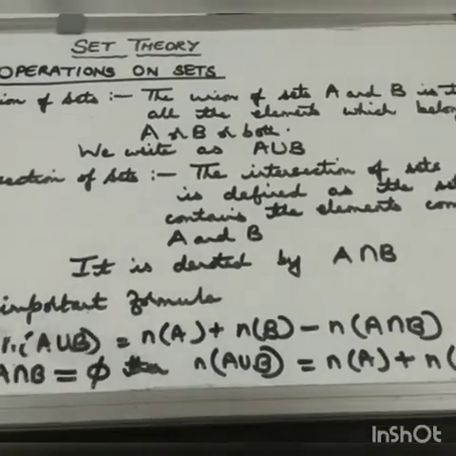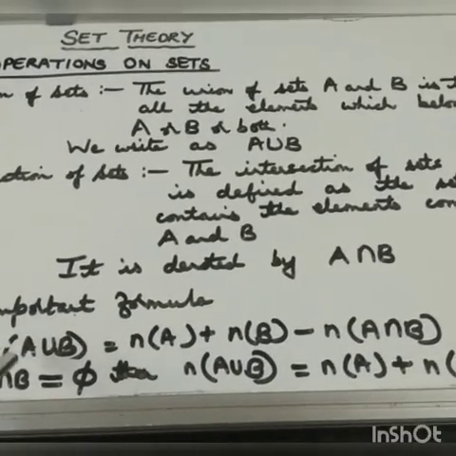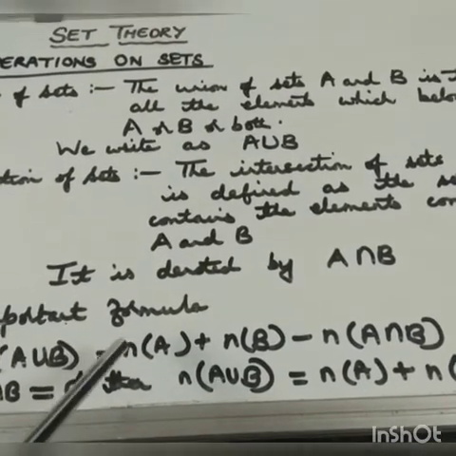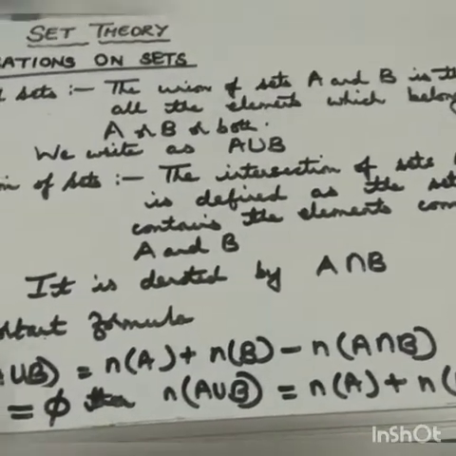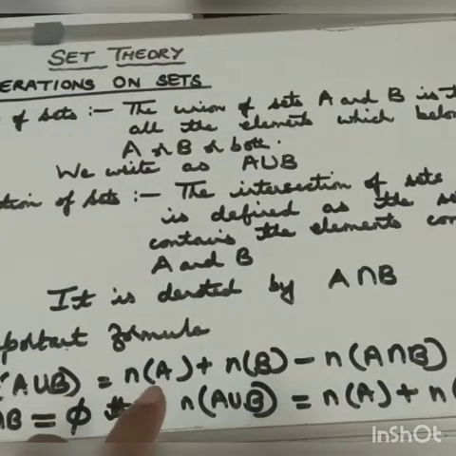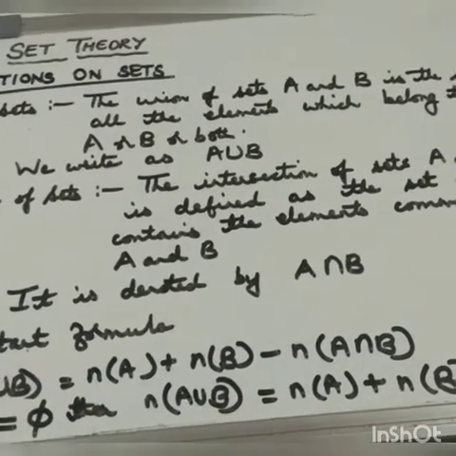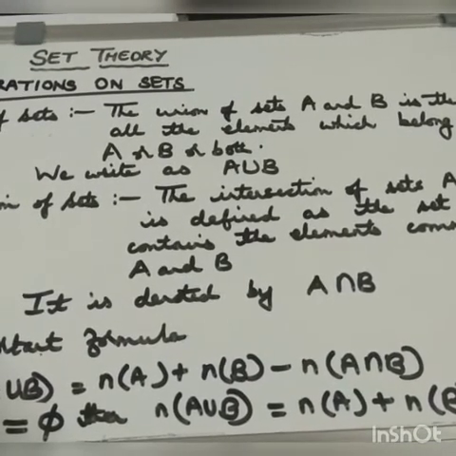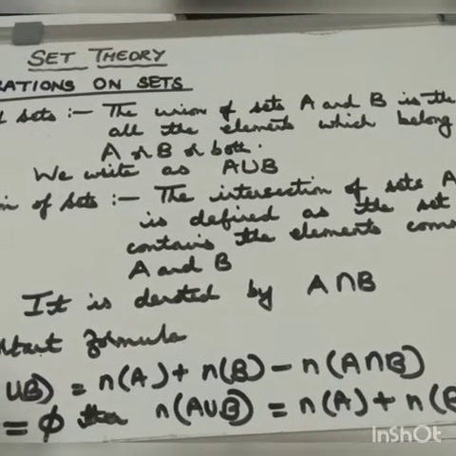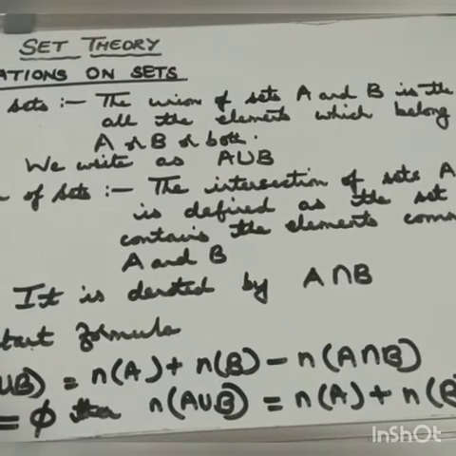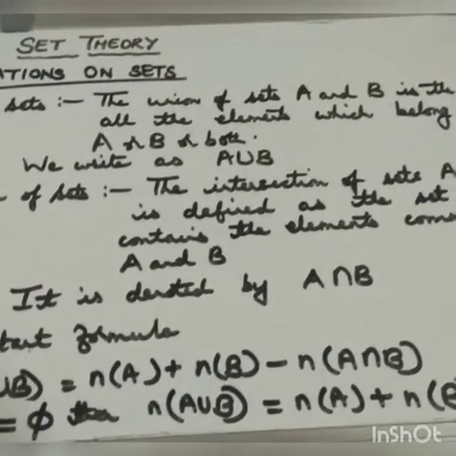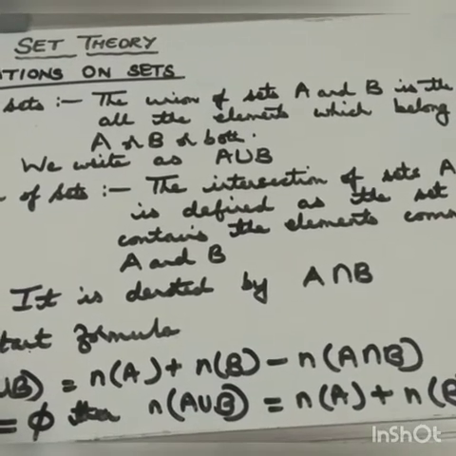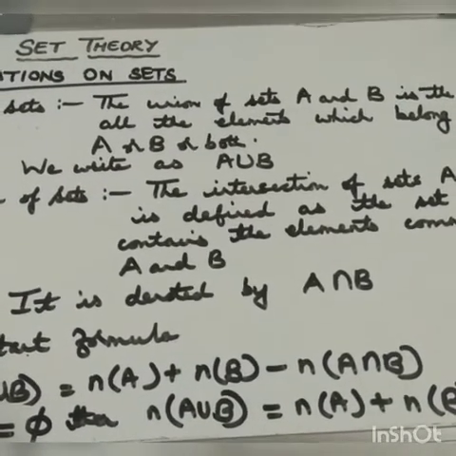Now there is another important formula which is very useful in set theory. n of A union B is equal to n(A) plus n(B) minus n of A intersection B. If n of A intersection B is 0, or A intersection B is phi, or if A and B are disjoint sets, then n of A union B is given by n(A) plus n(B).